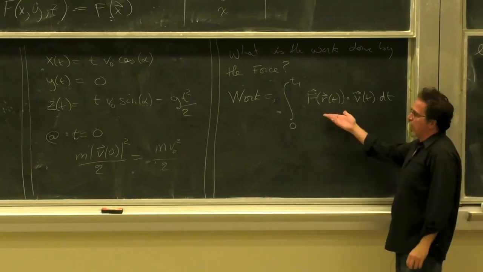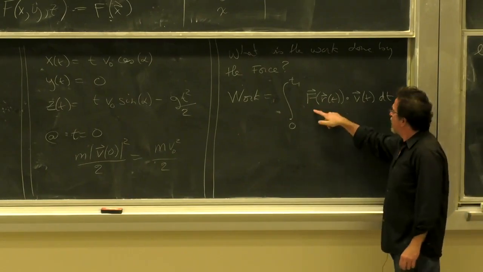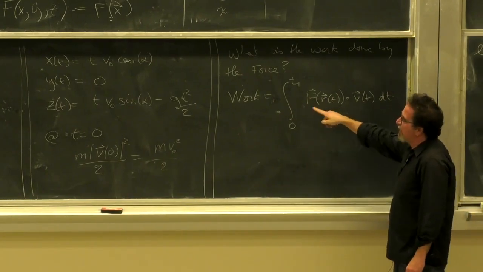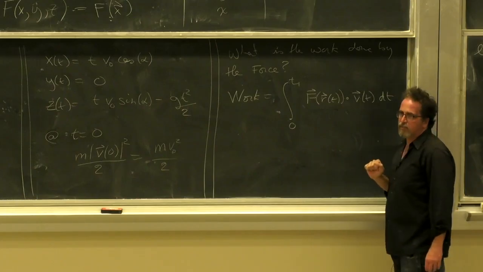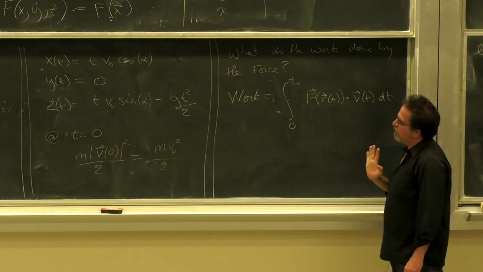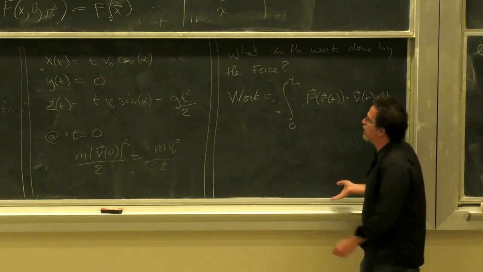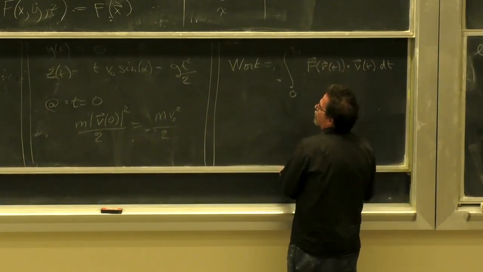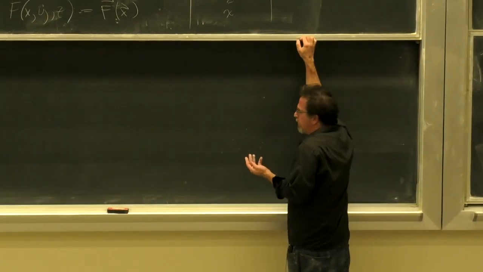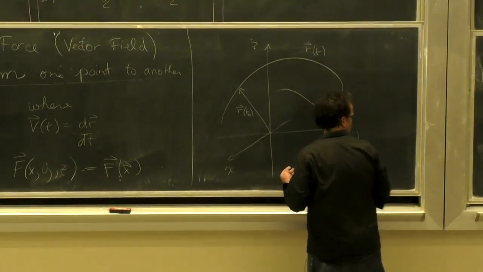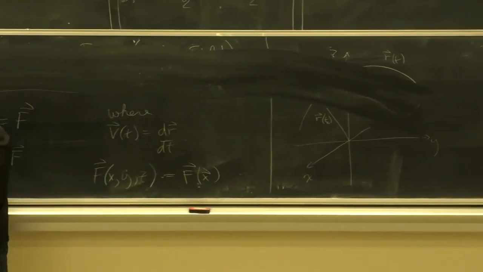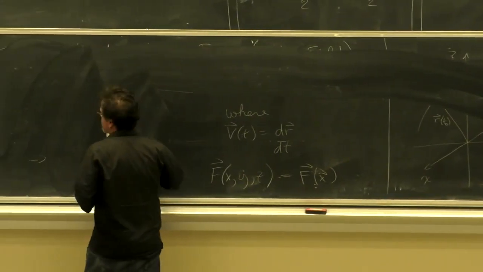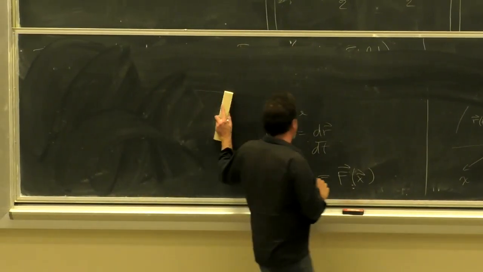So what this says is the following. Take the vector field, evaluate it along the trajectory, and then dot it into the velocity. I haven't explicitly written out r of t, but let me just do it. R of t is always the x component i hat plus the y component j hat plus the z component times k hat.